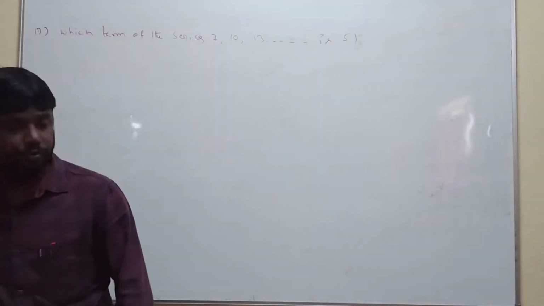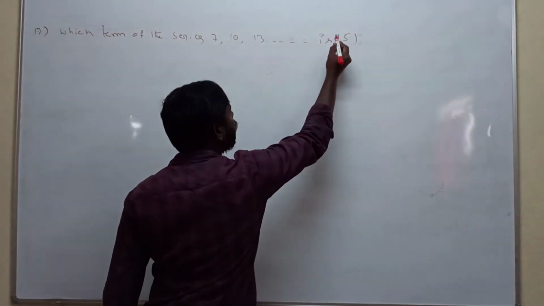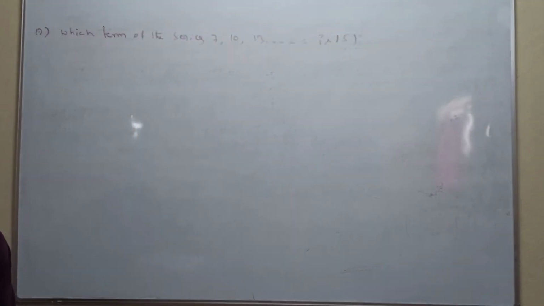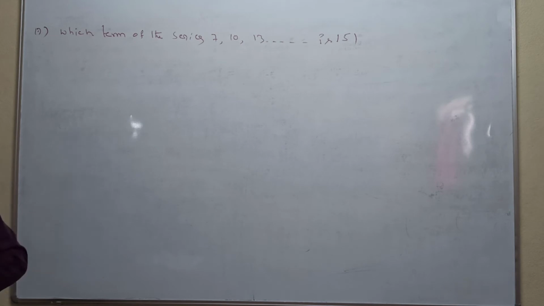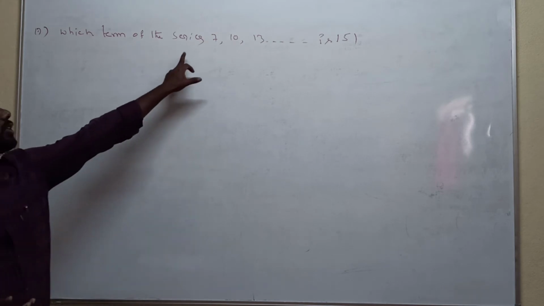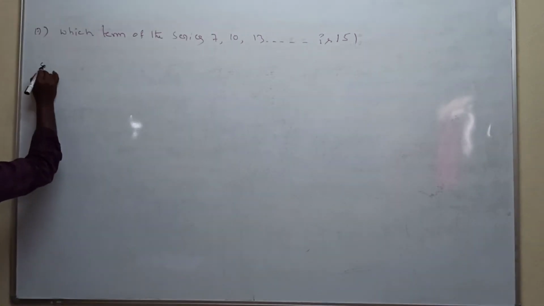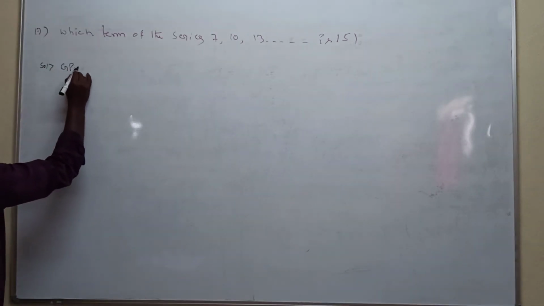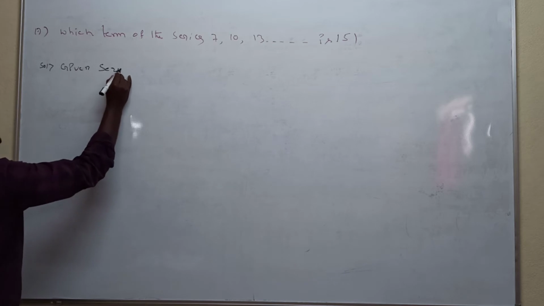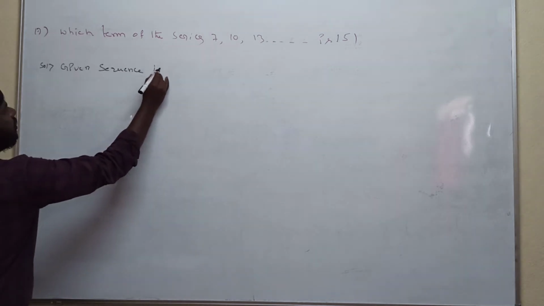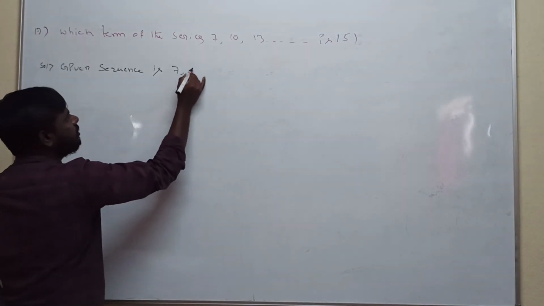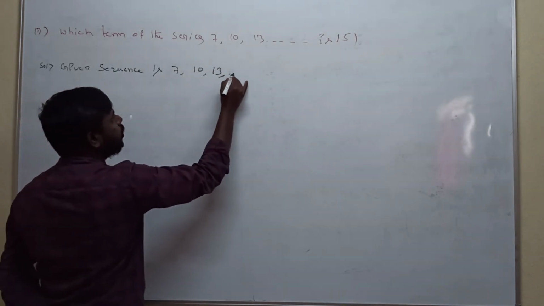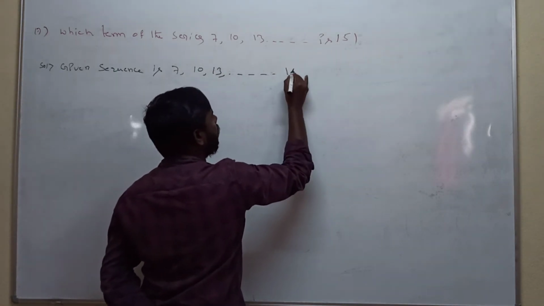Is 151, not 51, it is 151. What are they asking? Which term means to calculate the nth term value. Listen carefully. The given sequence is 7, 10, 13, and so on, 151.